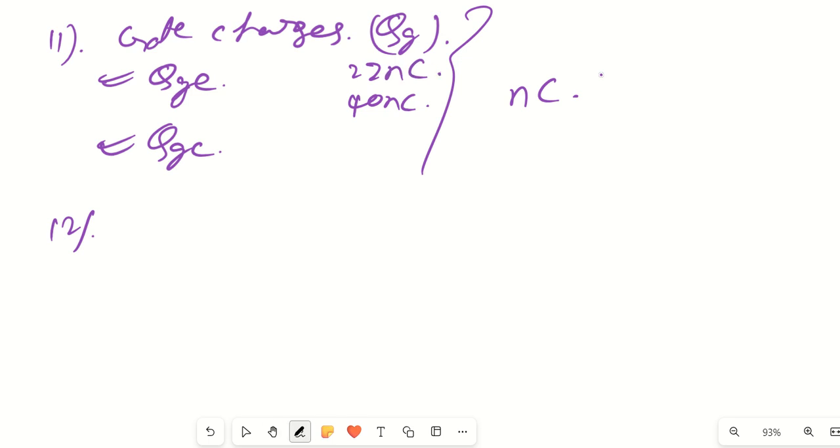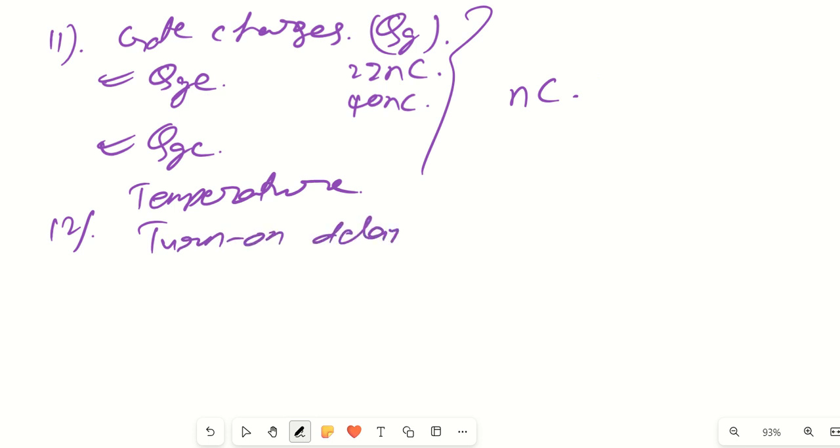Now the very important parameter, however, this parameter depends on your temperature. Okay, however, this is very important. Why? Because what is your turn on delay time? It can also be represented as TD on.